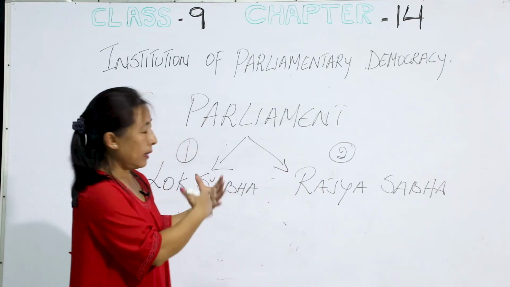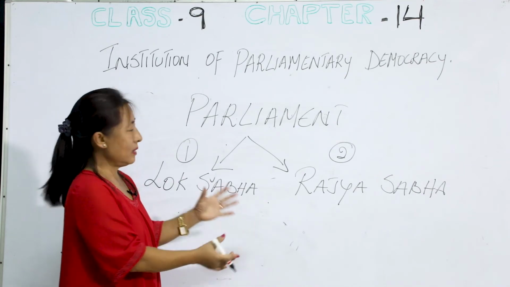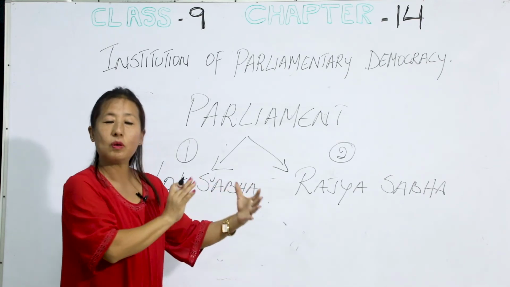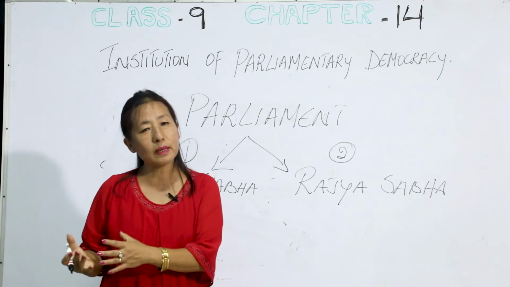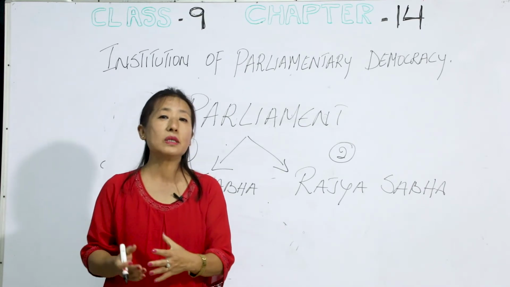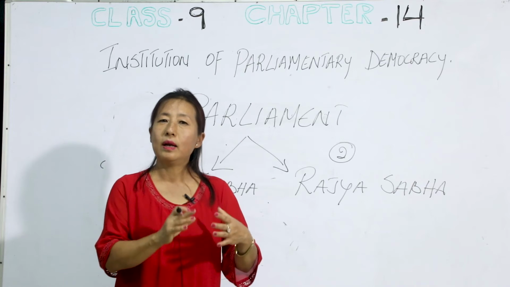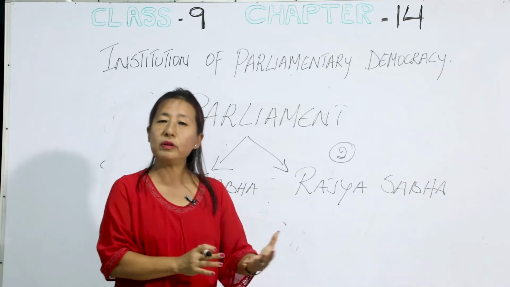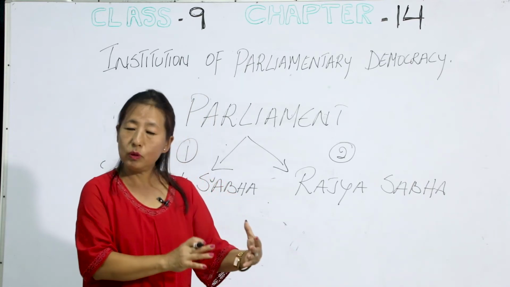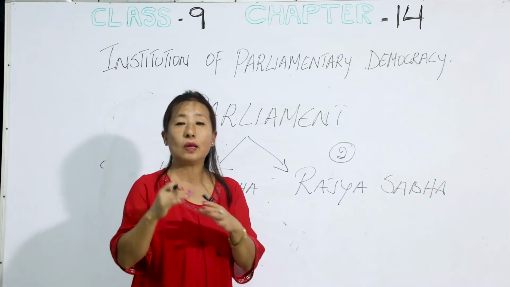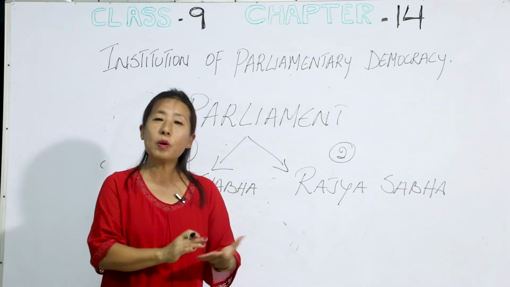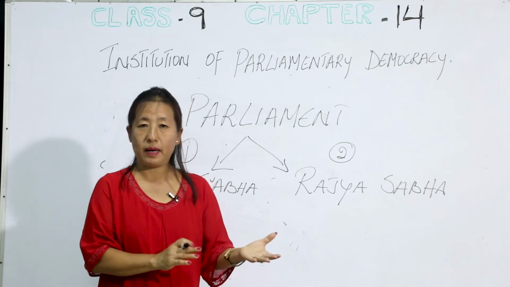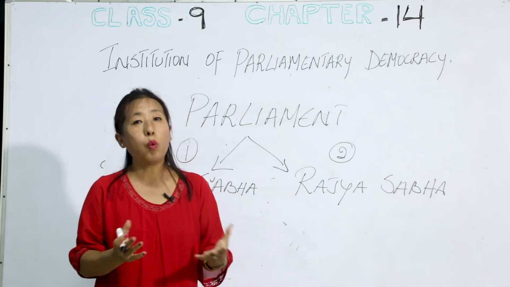But if you compare these two, you will find that Lok Sabha is considered more powerful than Rajya Sabha. Even though Lok Sabha is called the lower house, it is still considered more powerful than the Rajya Sabha. Now, you may be wondering why.